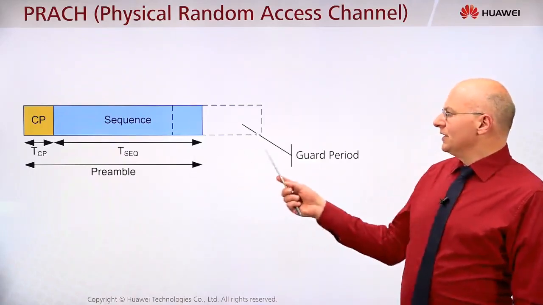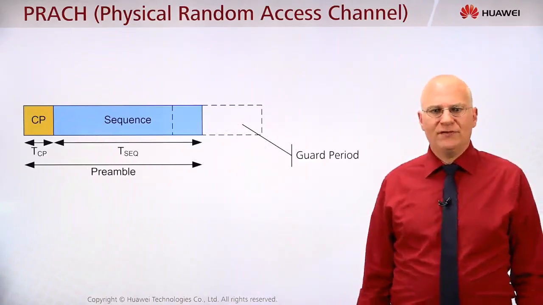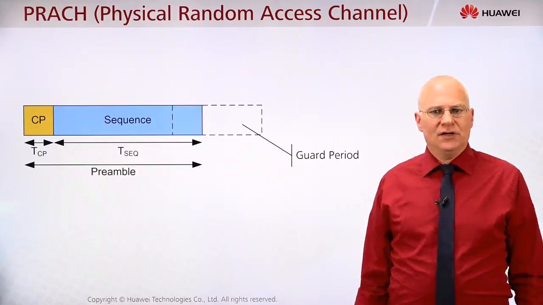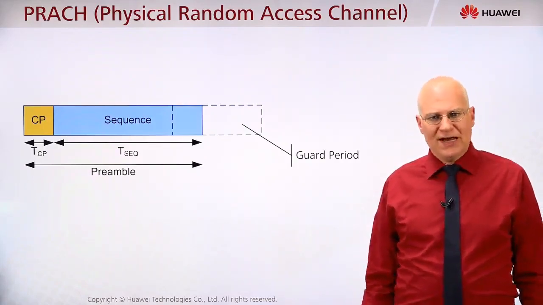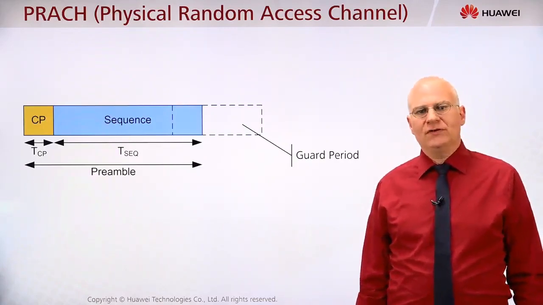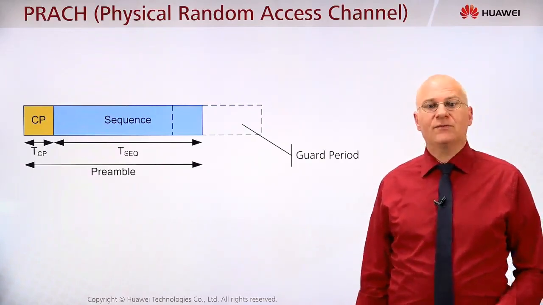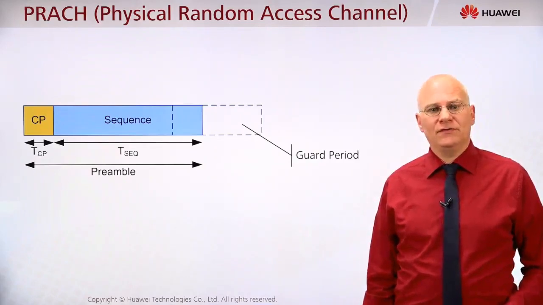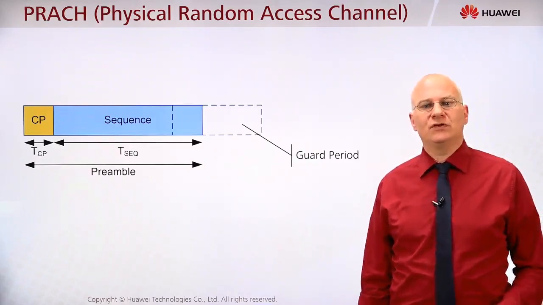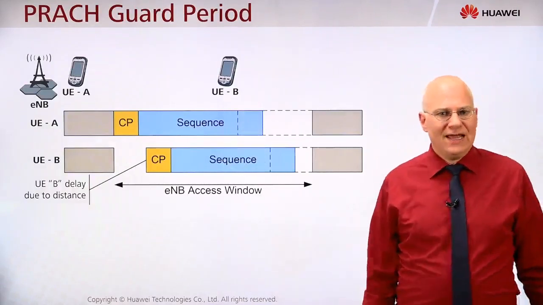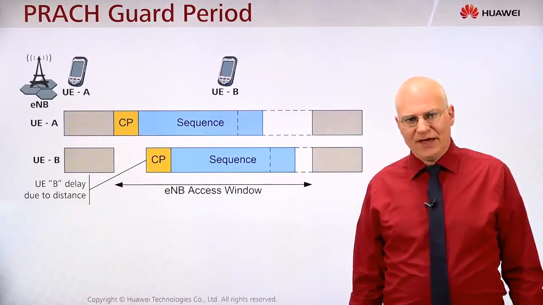And then after the sequence we have a guard period which has different lengths depending on the scenarios which are supported. The guard period is one of the important factors of the physical random access channel configuration, so it depends on the delay we have on the interface.